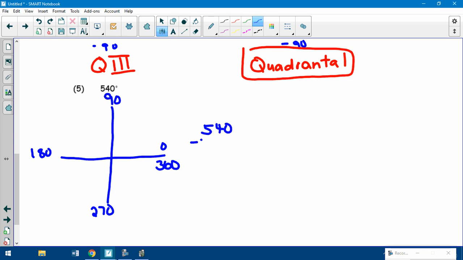If I take 540 minus 360, we're left with 180. So the way I would draw this, I would say we're starting here. We went all the way around once, and then halfway around again, and I ended here. So that little spirally thing shows you how the angle would rotate around. And you would call it what type of angle? Again, it's quadrantal.